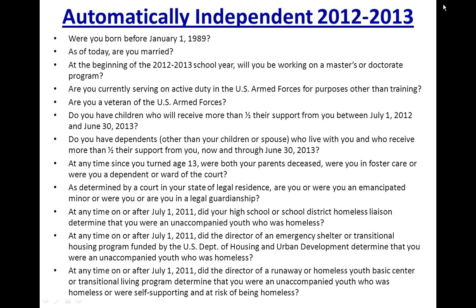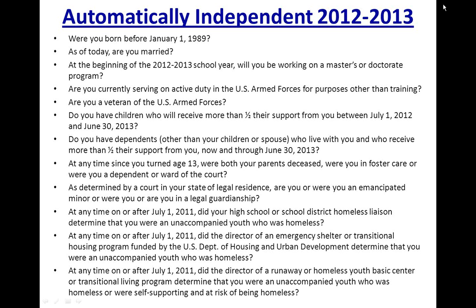At the beginning of the 2012-2013 school year, will you be working on a master's or doctorate program, some kind of graduate level program? Are you currently serving on active duty in the United States Armed Forces for purposes other than training? Are you a veteran of the United States Armed Forces? Do you have children who will receive more than half of their support from you between July 1st, 2012 and June 30th, 2013?